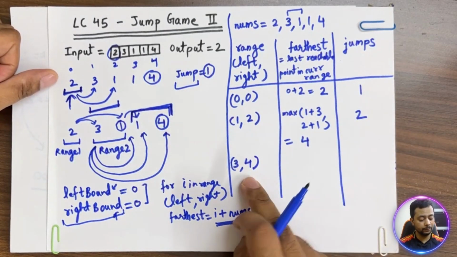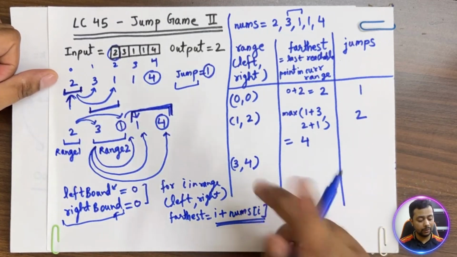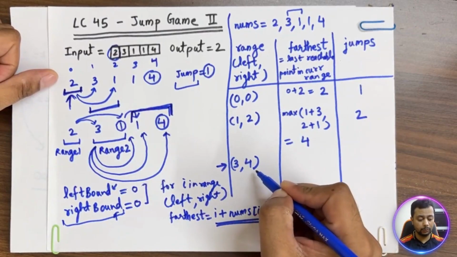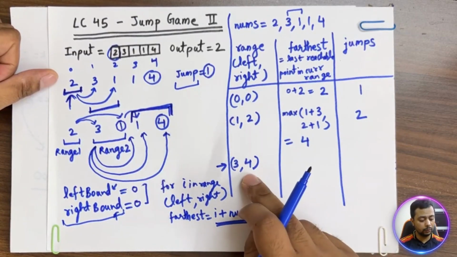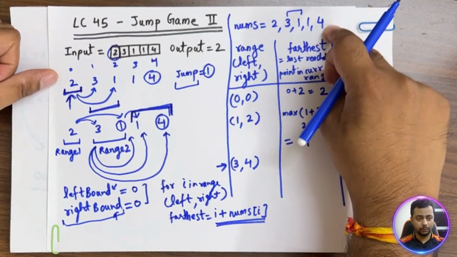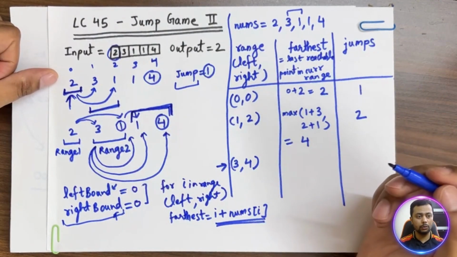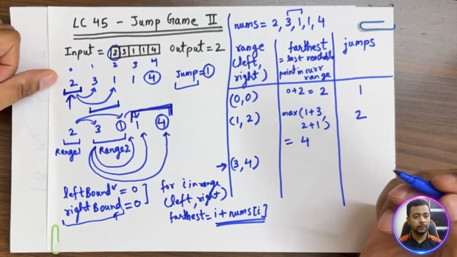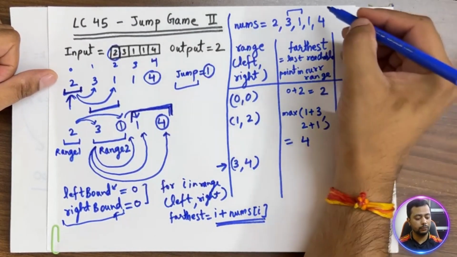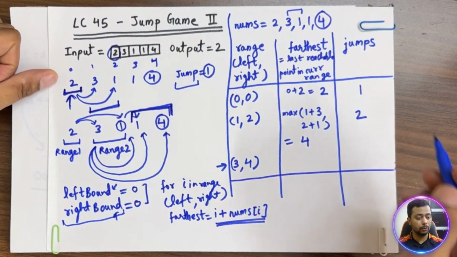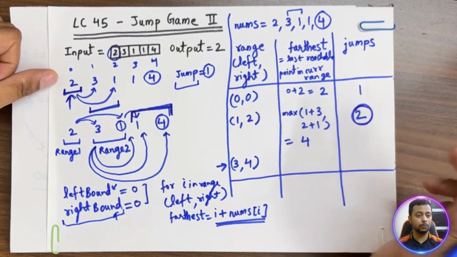So over here, as soon as we see that, okay, in this particular iteration my farthest reachable position, which is 4, is equal to the last position which we were intended to reach, it means that I no longer need to perform any more jumps, because we have reached the last position, which is the 4th element, in just 2 jumps. So our entire processing will stop over here and we will just simply return true.